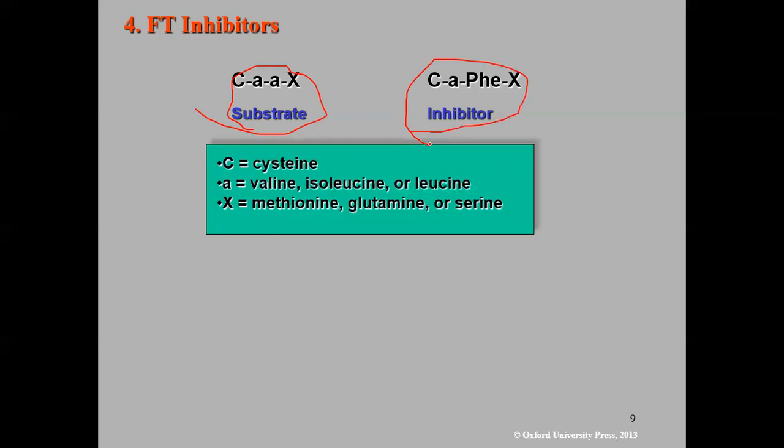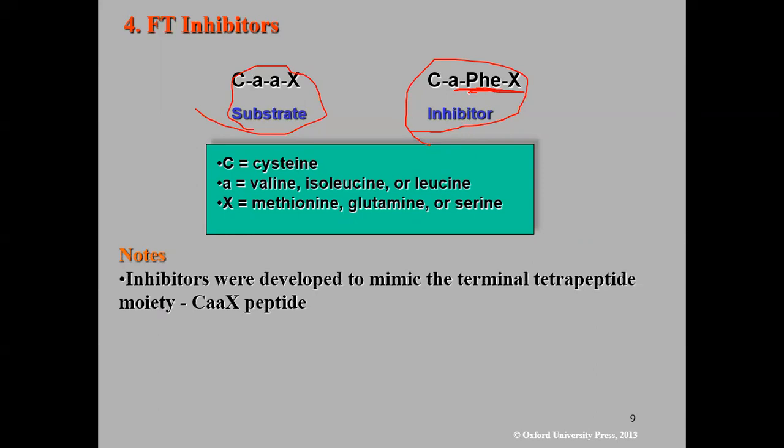where C is cysteine, A is valine, isoleucine, or leucine, and X is methionine, glutamine, or serine, except that the inhibitor has phenylalanine here instead of the valine, isoleucine, or leucine.